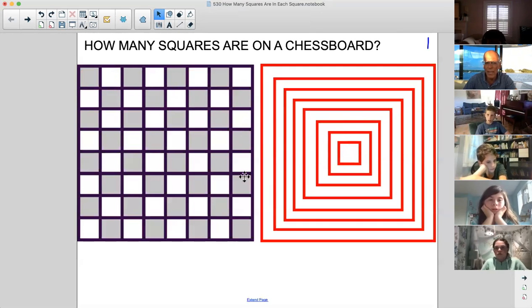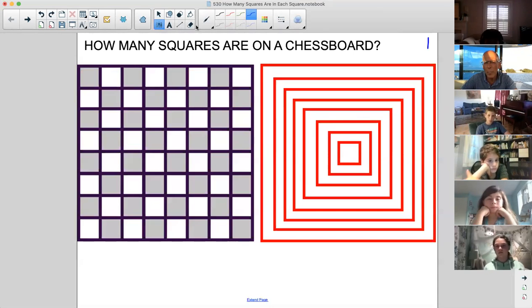And one thing that we did not do here: a very, very bad mathematician would do what I'm doing right now. They would look at a square that is an 8 by 8, and they need to write 8 by 8.